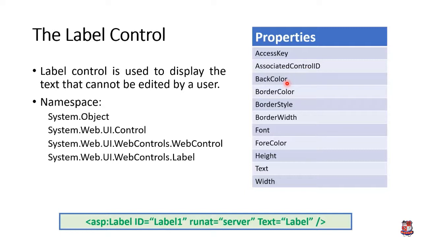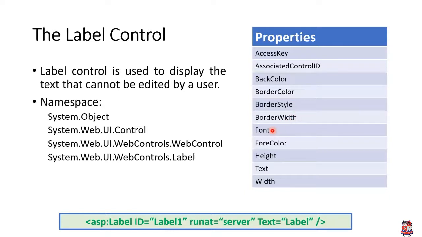Next is back color. It is used to specify the background color of the label control. Next is border color. It is used to specify the border color of the label control. Next is border style. It is used to give border style to the label control. Next is border width. It is used to specify the border width of the label control.